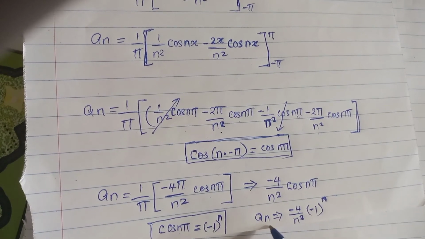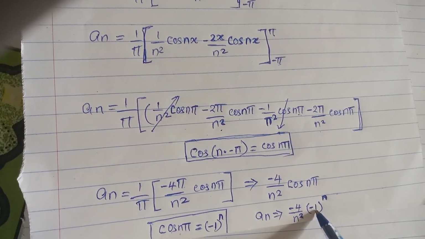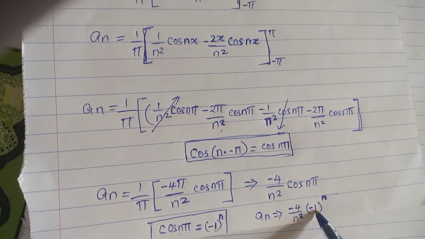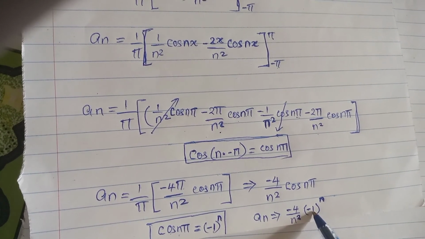So this is the value of a_n that we also need in our function.